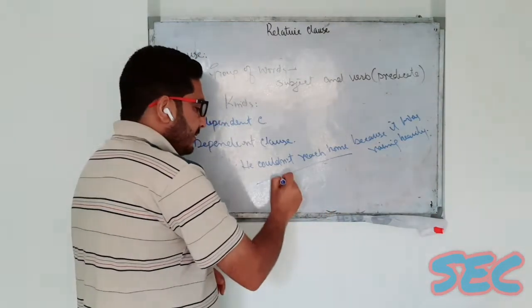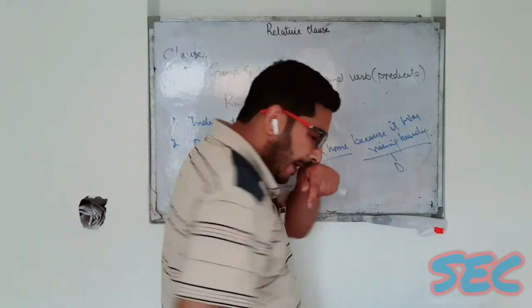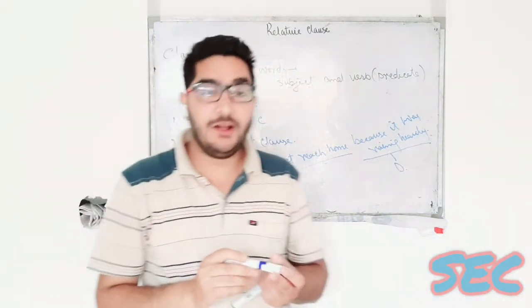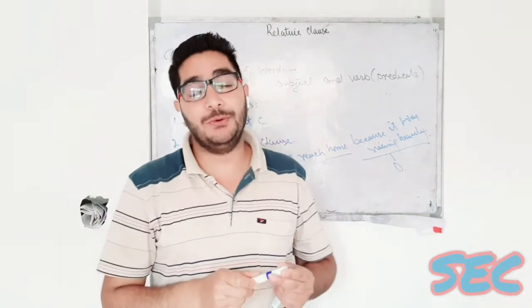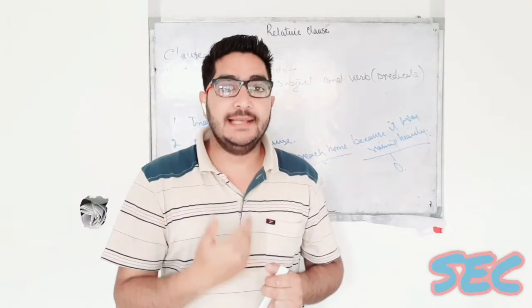This part is the independent clause and this part is the dependent clause. Why can a dependent clause not make a sentence of its own? Why can a dependent clause not stand on its own as a sentence?